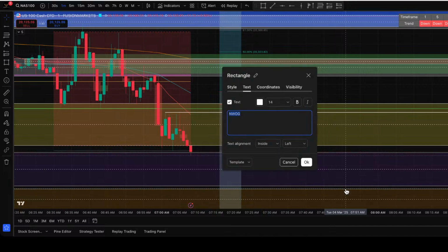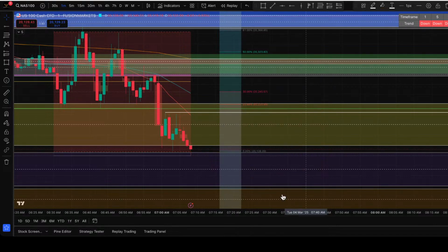We have another orange zone below that. That's an old new week opening gap that was apparently never touched. So we now have tapped that 4 hour fair value gap. Let's see if we get reaction off of this.